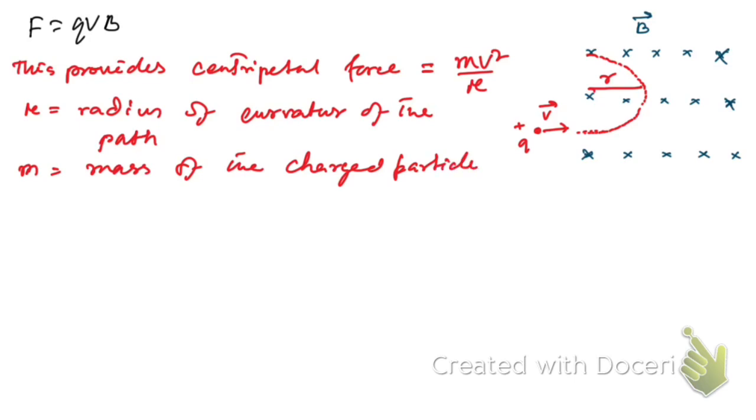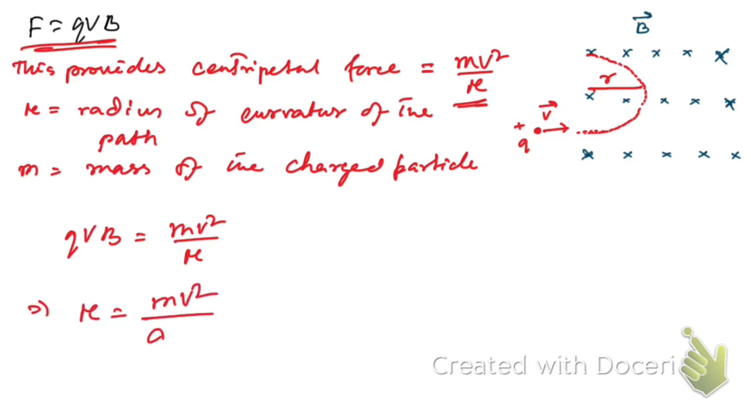Therefore, as this centripetal force is provided by this force, we can write qvB is equal to mv square by r, and if you simplify this, then r is going to be equal to mv square by qvB. So v cancels v square to give v, so it turns out to be r is equal to mv by qB.